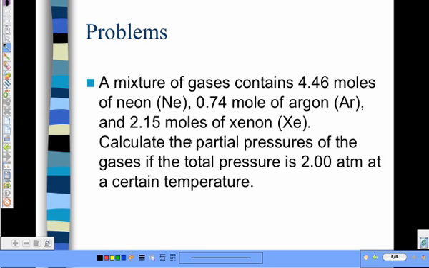You tell us, and we'll see if you're right. So the total pressure is equal to the partial pressures added up. So we need to figure out the partial pressures. We can use our mole fraction to find our partial pressures. So if Pi is our partial pressure, that is equal to Xi, our mole fraction, times the total pressure, correct?